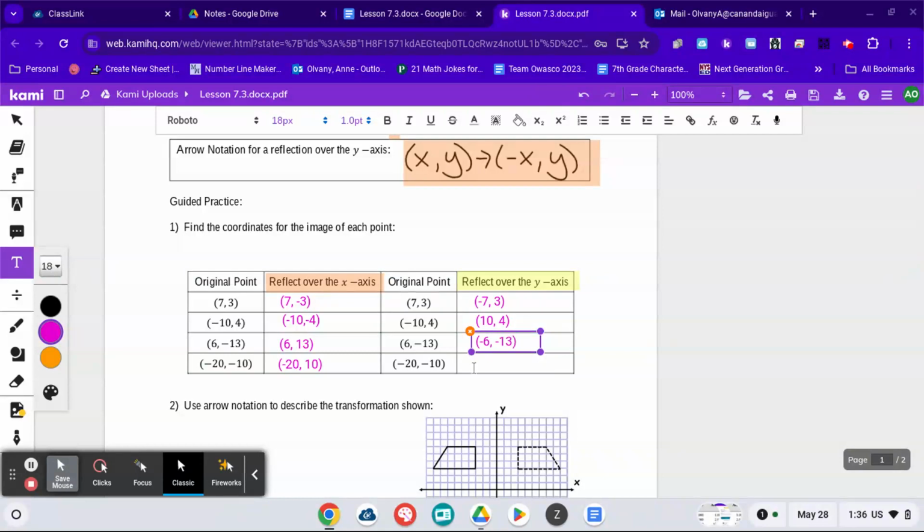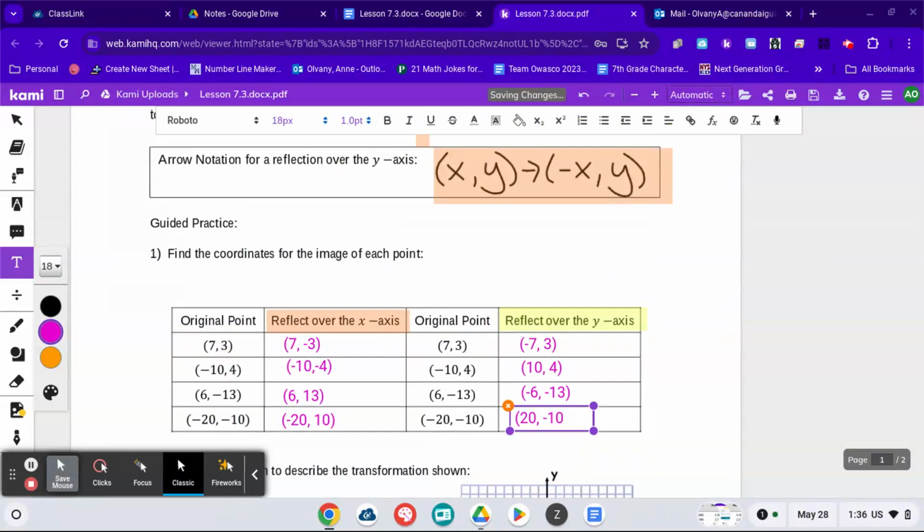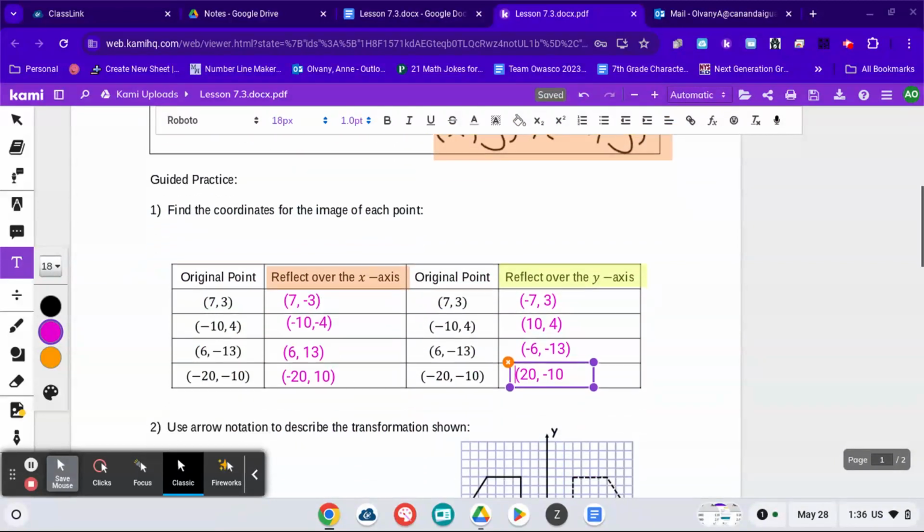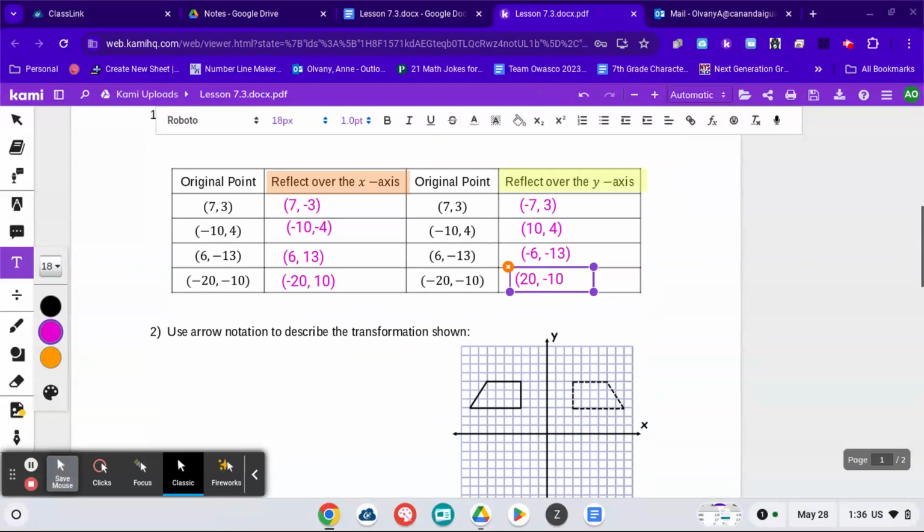Notice I say it every time. It just helps get it in my brain. All right. So if we're flipping this over the y, the x changes. The y stays the same. Question? Easton, question? No? All right. Anyone else have a question on that first group there?